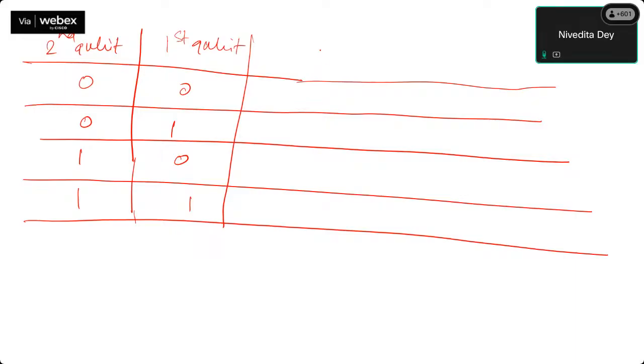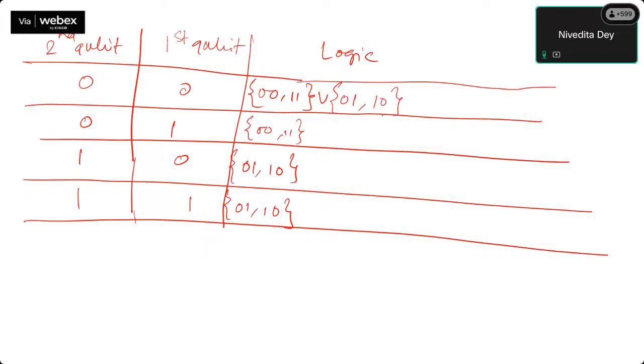With respect to the second qubit, if you notice carefully, second qubit 0 has the cases 0 0 or 1 1. If the second qubit is 1, then it has to be this. So what are the remaining things? 0 1, 1 0. This is 0 0 and this is 0 1.